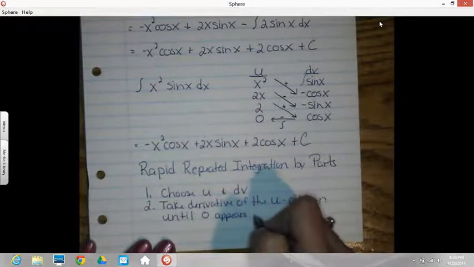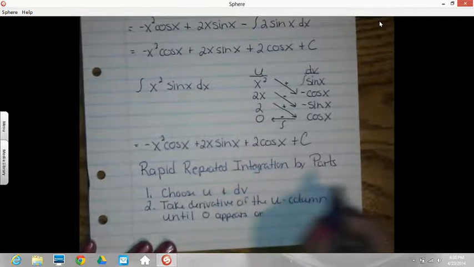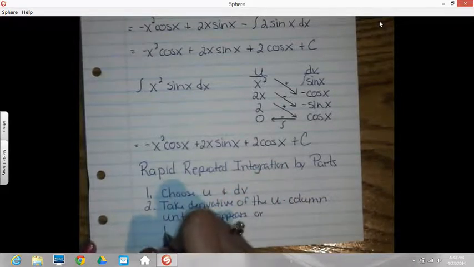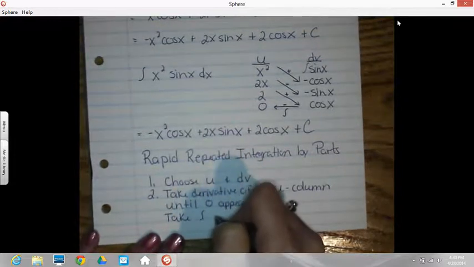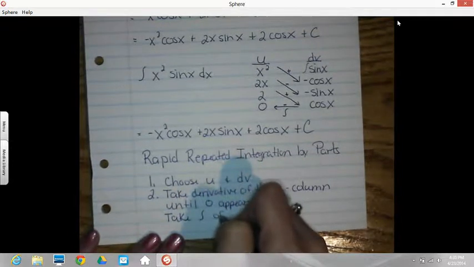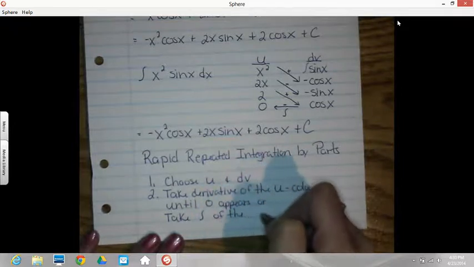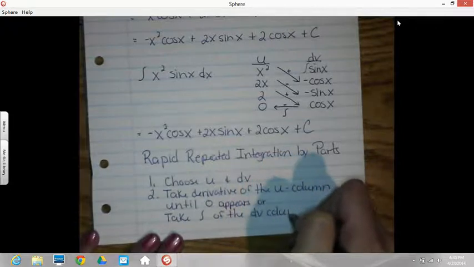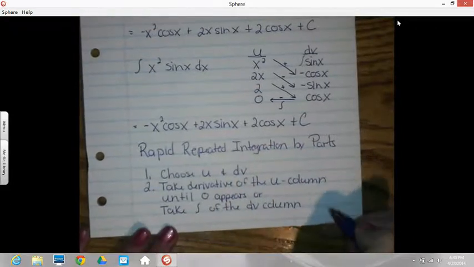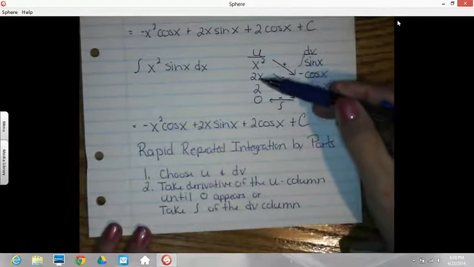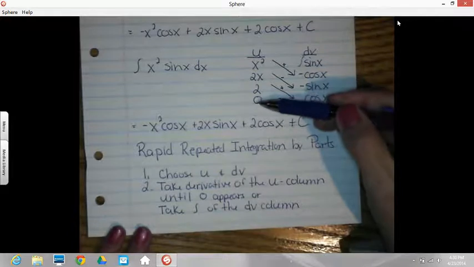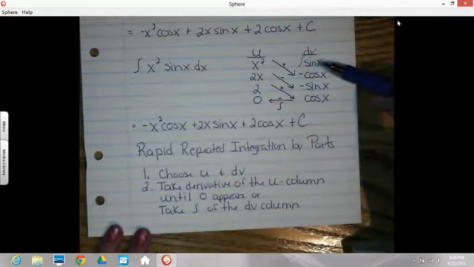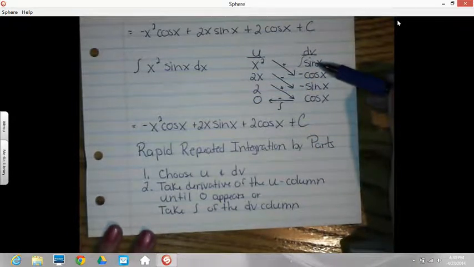Or something else, and the next one, you have to take the integral of the dv column, because sometimes this doesn't simplify all the way down. We had one yesterday. So if this is not going to come down to 0, then the other option is to make your original dv reappear.